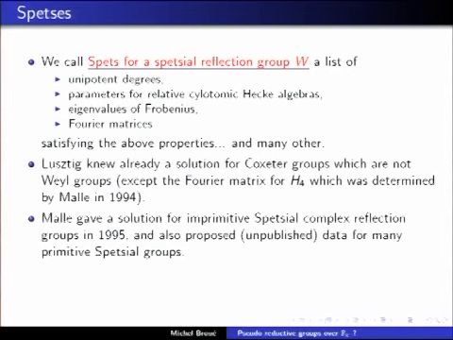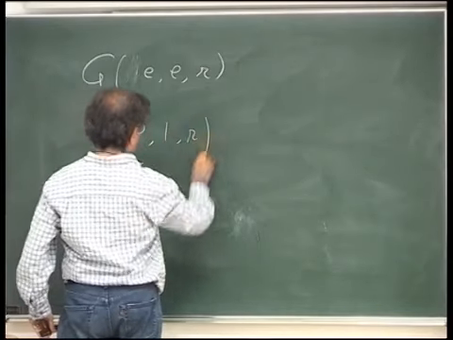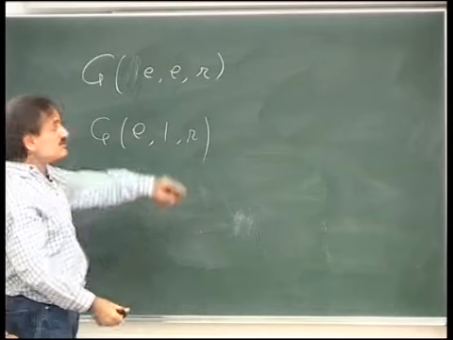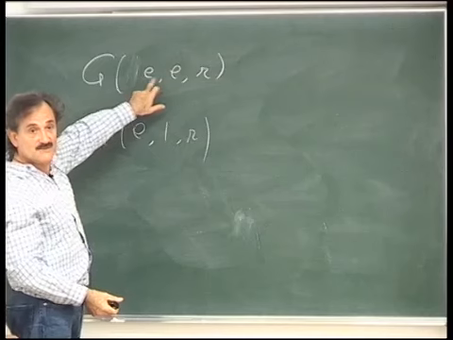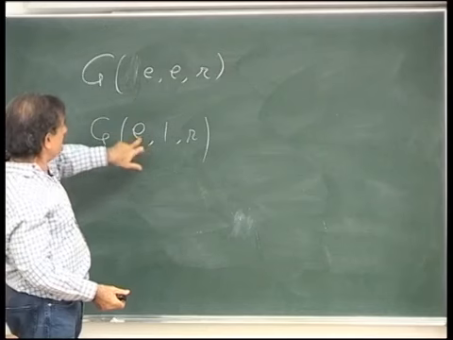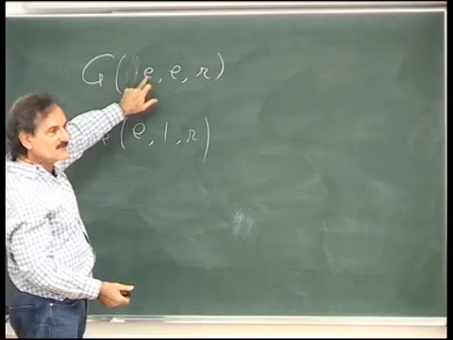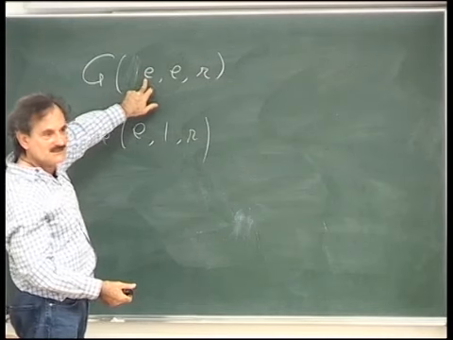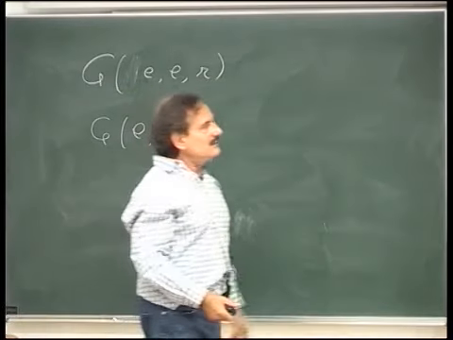Namely, remember, the spetsial ones are the G(e,e,r) and G(e,1,r). Essentially, they are the generalization of D_r, because for e equals 2 it is D_r, and the others are the generalization of B and C, because for e equals 2 they are B_r.